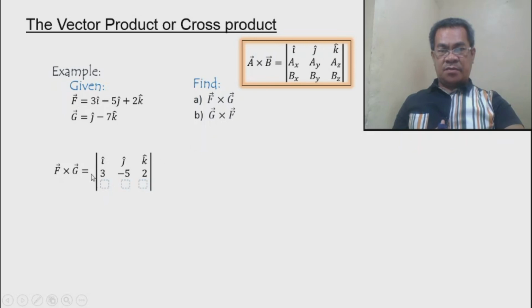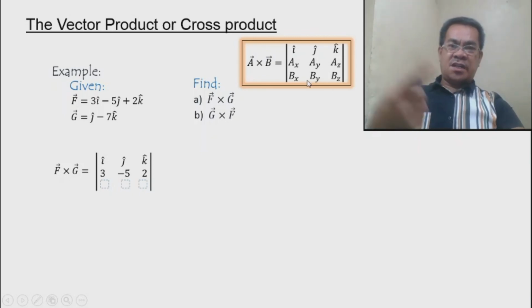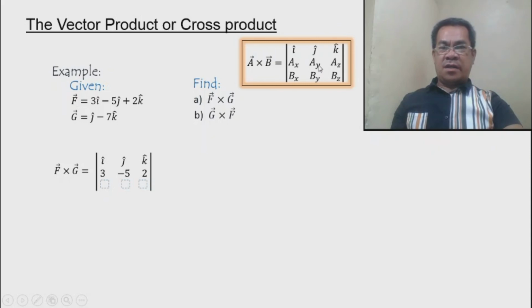So therefore, you have to include the sign. And remember that our unit vectors are assigned as positive, so to carry the sign, it should be brought together with the components. So therefore, we have this negative 5.